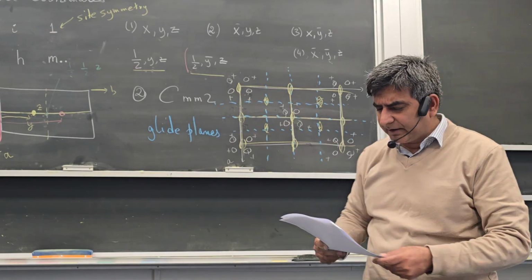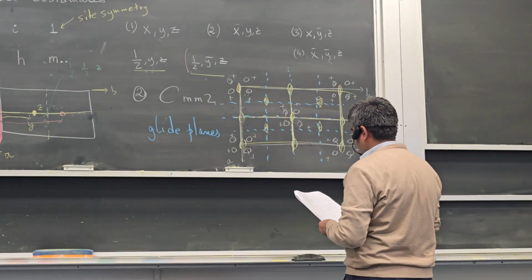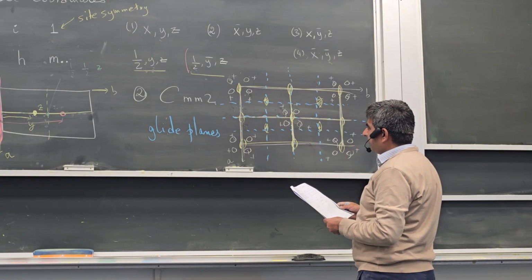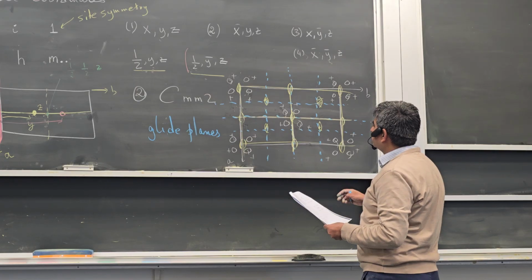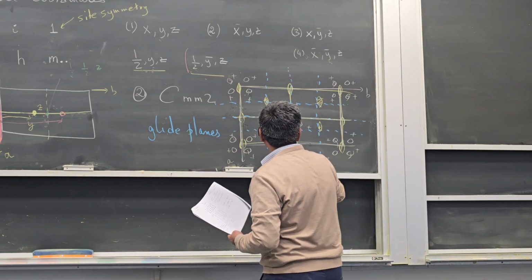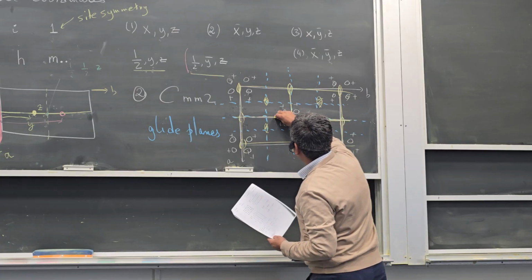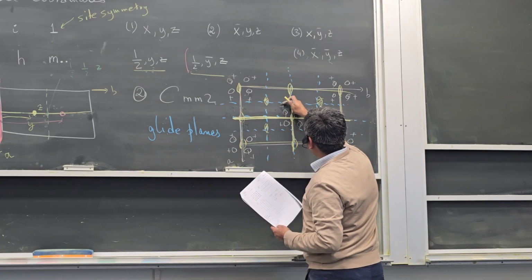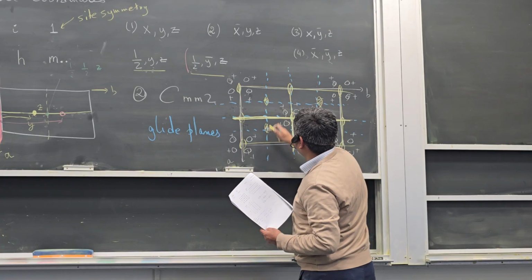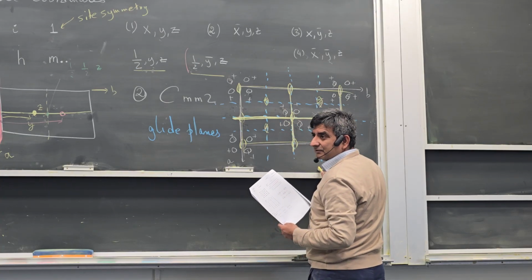And in fact, these glide planes are already shown on the diagram. This is not a glide plane. There's no glide plane over here. It's just a mirror plane. So this is one glide plane. This is another glide plane. There's a glide plane over here and a glide plane over here.